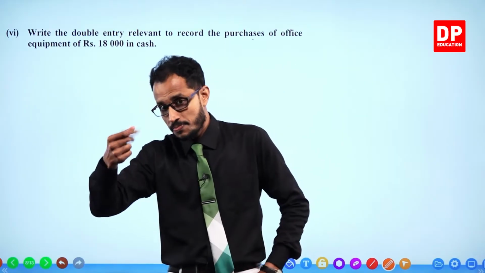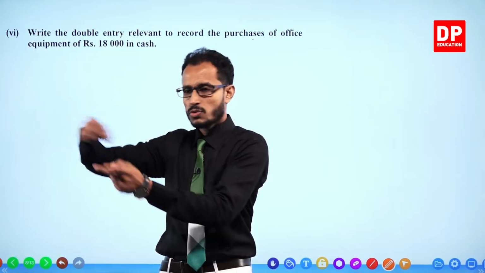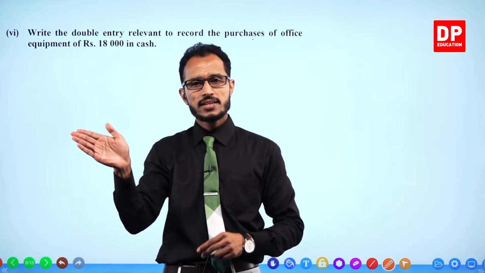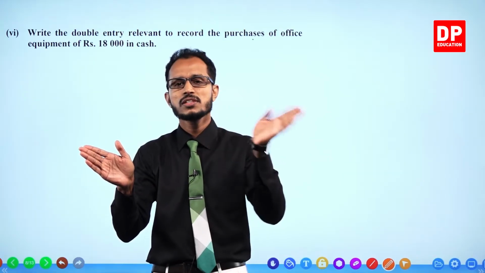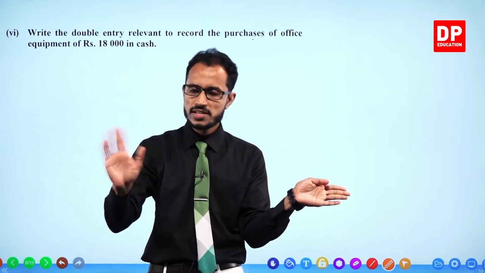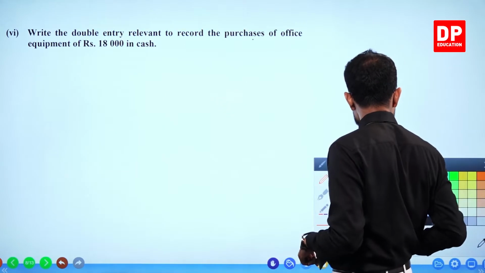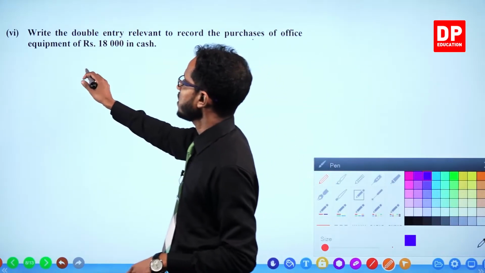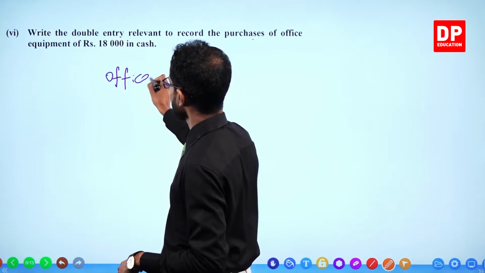For cash, cash goes out, you have to pay cash, so cash goes out means cash, credit. Assets come in, which asset? Office equipment comes in, so office equipment, debit. Debit office equipment, credit cash. Simple. A new asset comes in, asset increase, debit.